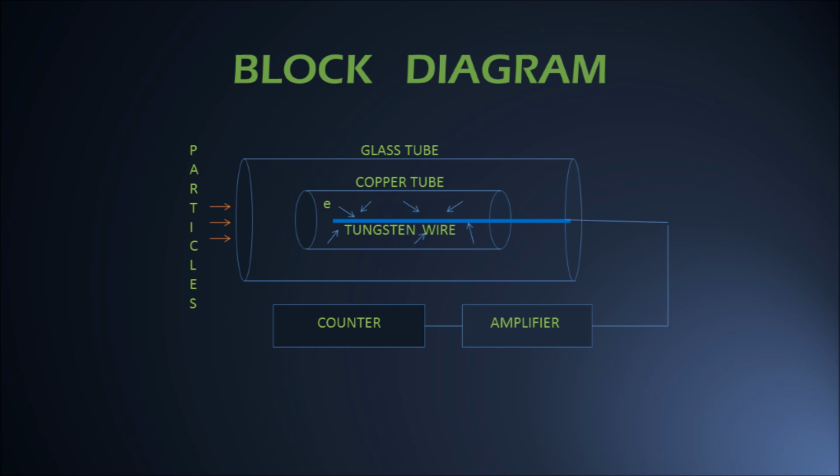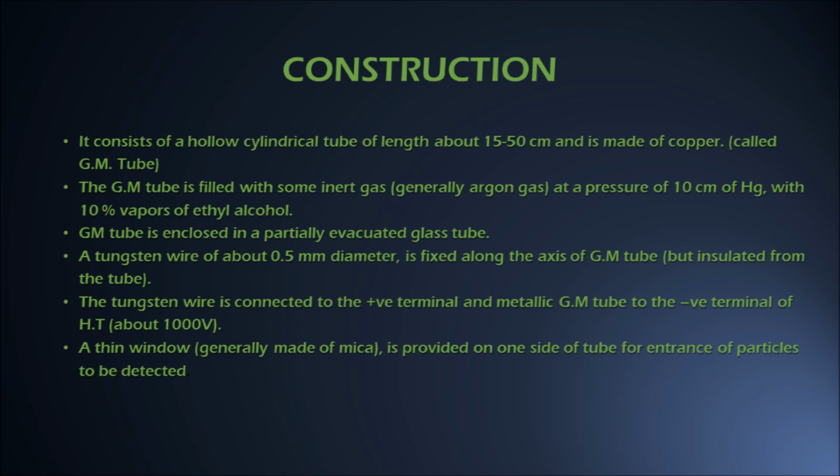This tube is also known as GM tube, and it is filled with some inert gas, generally argon, along with 10% vapors of ethyl alcohol. This GM tube is enclosed in a partially evacuated glass tube.